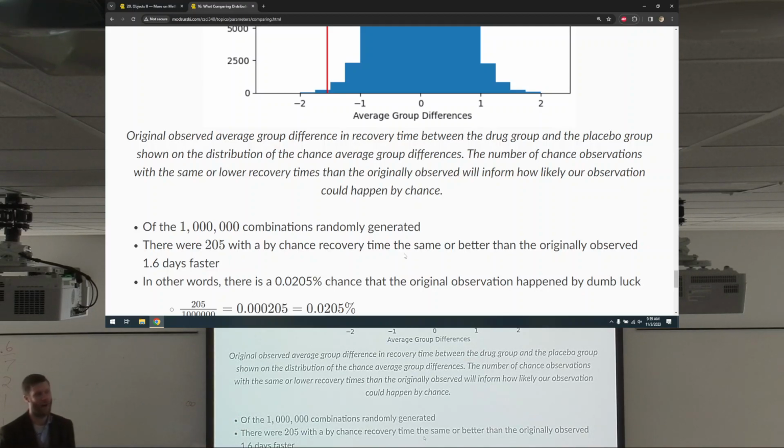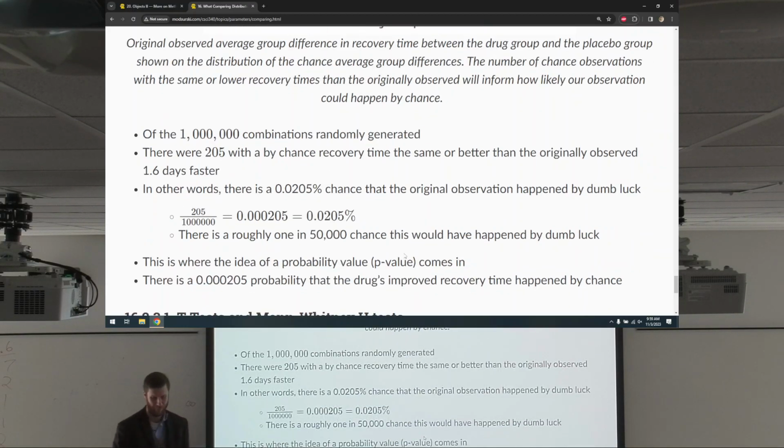There were 205 of the 1 million, 205 of those dumb luck differences were better than what we actually observed originally. Meaning there is a 205 in a million, or 0.0205% chance, roughly 1 in 50,000.